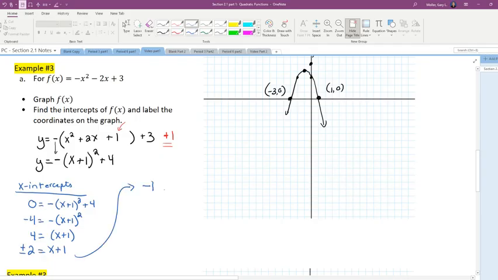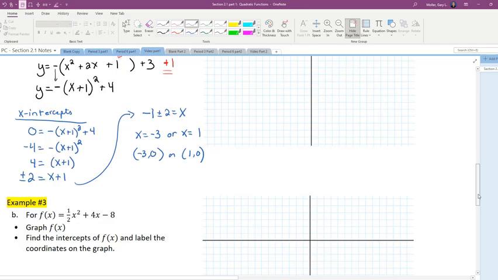So I get negative 1 plus or minus 2 equals x. So I get x equals negative 3 or x equals 1, giving me intercepts of negative 3, 0, or 1, 0, which is what we got graphically. All right.